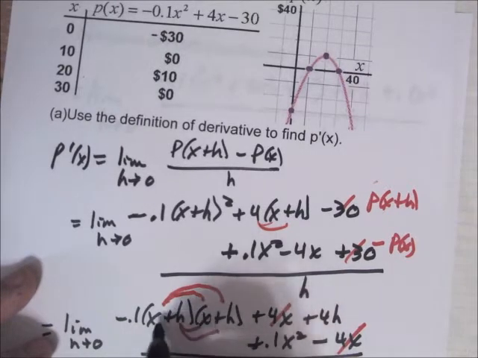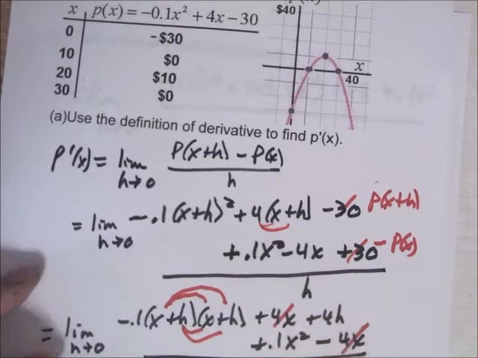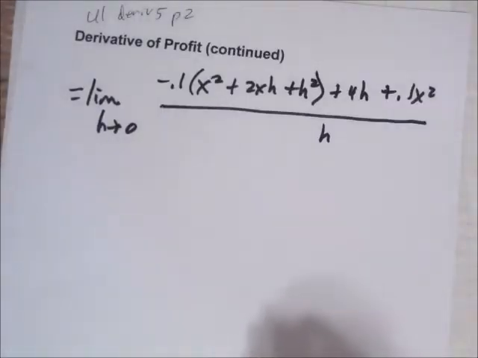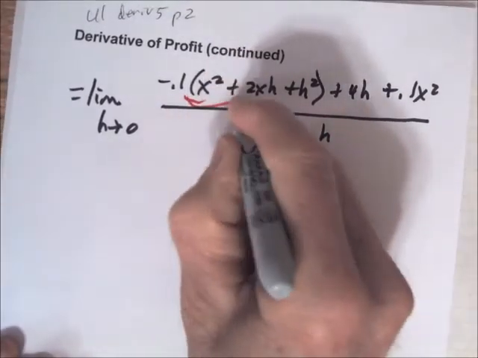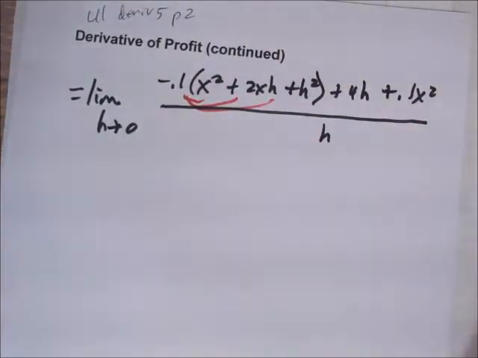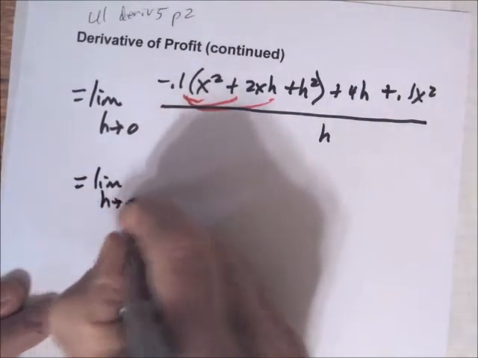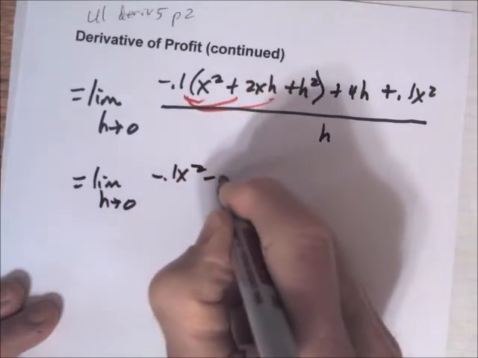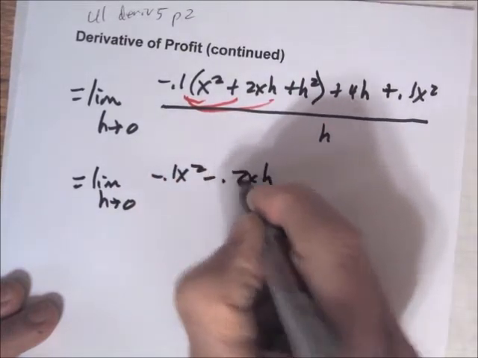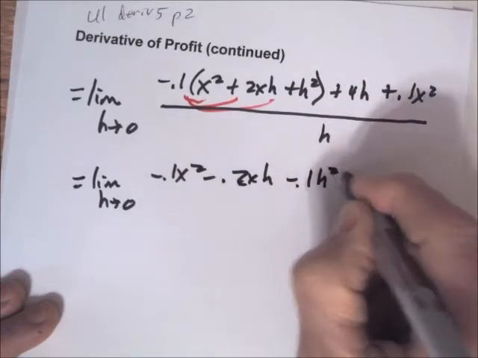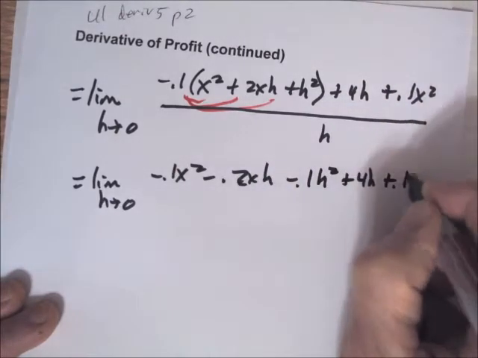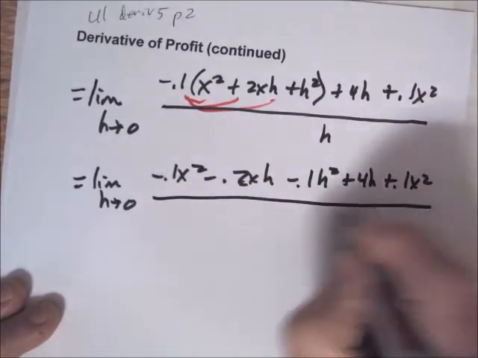Then we can distribute the leading coefficient, the minus 0.1, and that will give us the limit as h goes to 0 of minus 0.1 x squared minus 0.2xh minus 0.1 h squared plus 4h plus 0.1 x squared, all over h.